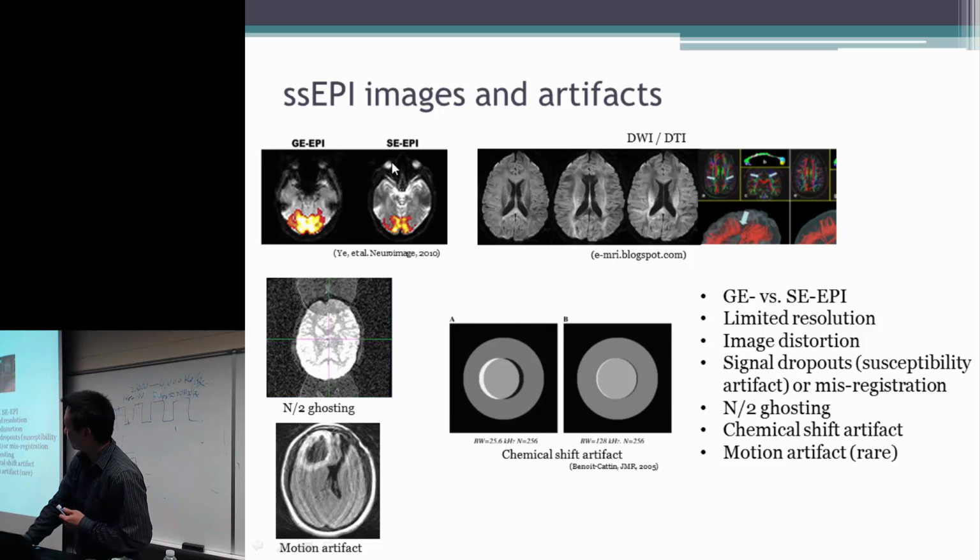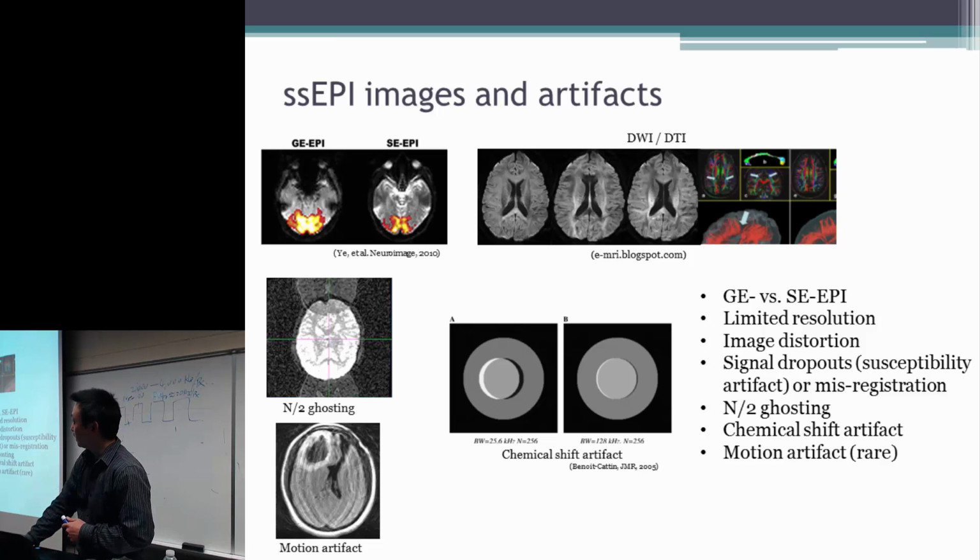when compared with the spin echo, because spin echo can refocus those field inhomogeneity induced phase dispersions, so it can refocus those signal dropouts. We can see that it can recover some of those signals inside, for example, the sinus and ear canal, and it can give you a much higher signal intensity.